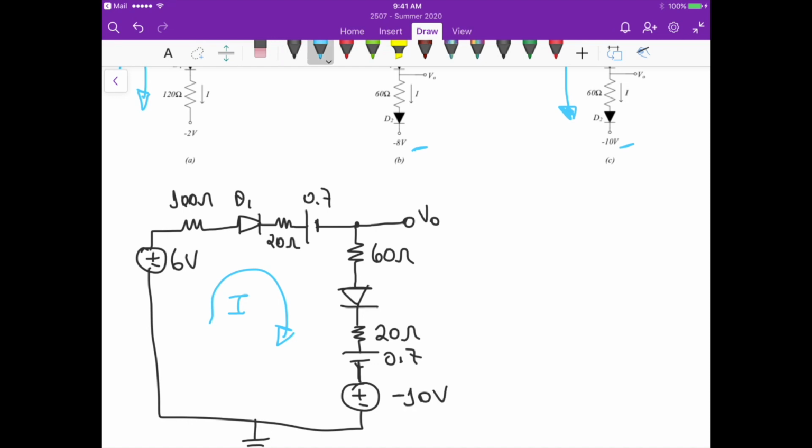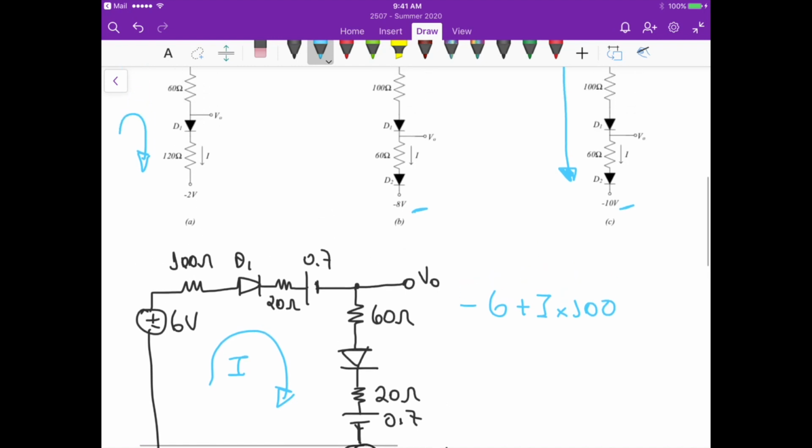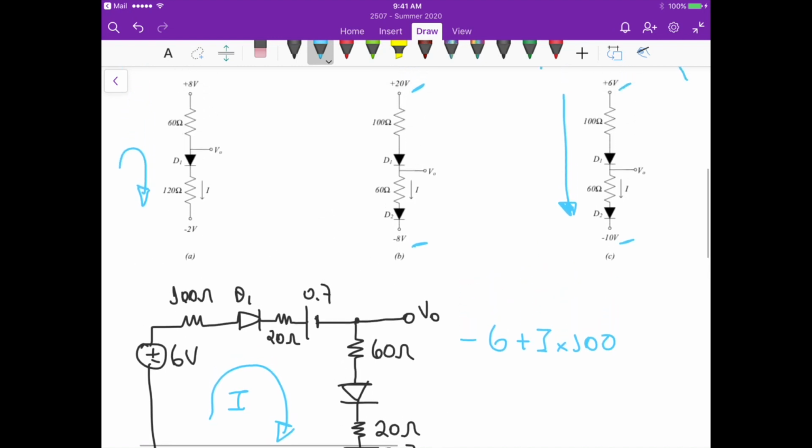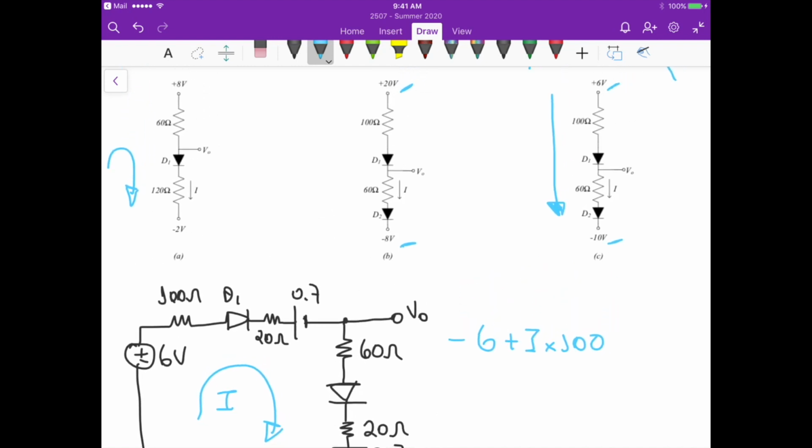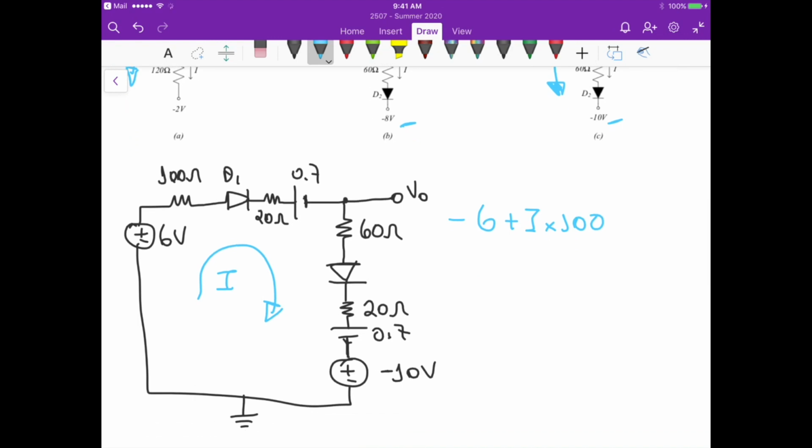So if we apply KVL in this loop here, we get minus 6, plus the current I times 100. Oh, and sorry, this is the updated version of the circuit, so we don't have that third diode.